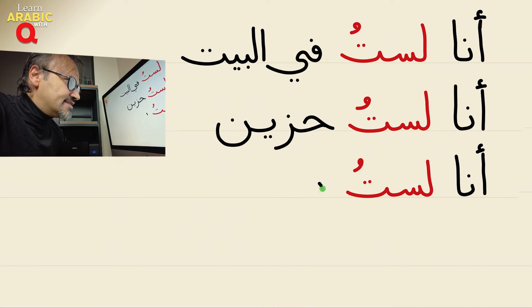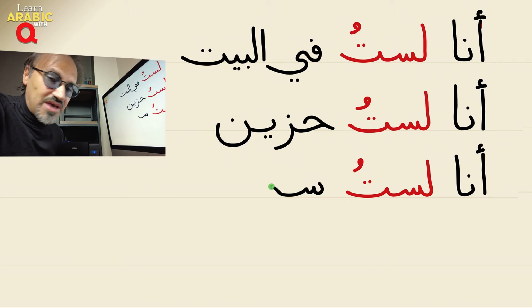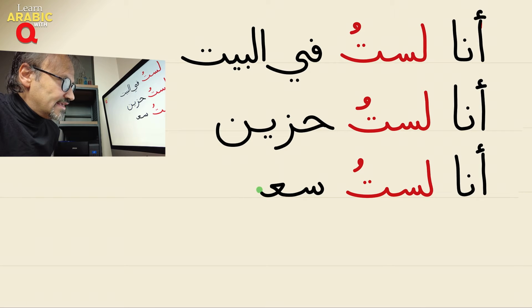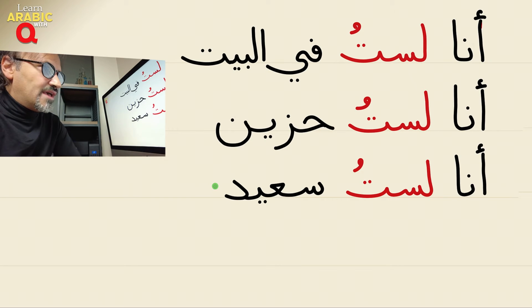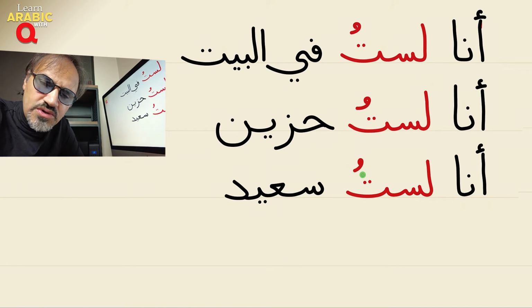We have the ع which is an upside down triangle. أنا لست سعيد. The first one is أنا لست حزين.